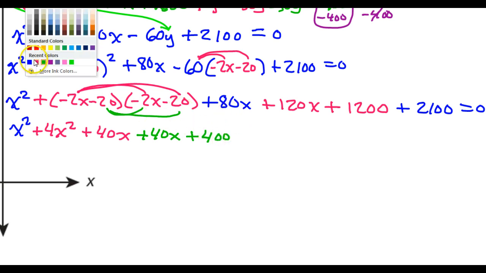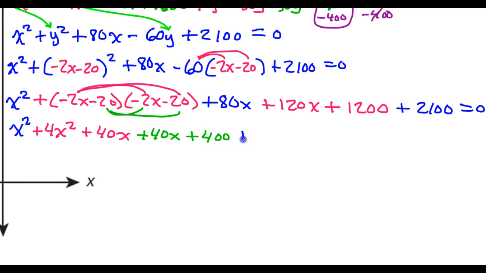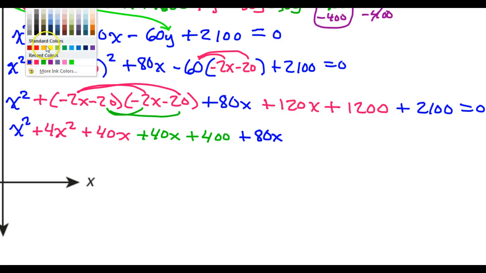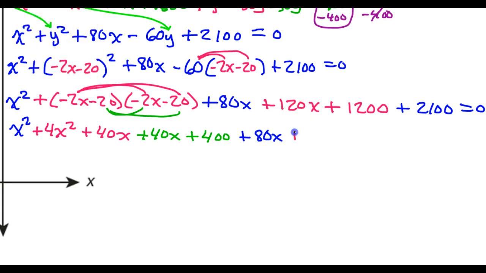Okay, then I pick up from here with my 80x. Okay, and then I've got my 120x. In fact, I think I'm going to go ahead and combine a couple of these as I go.